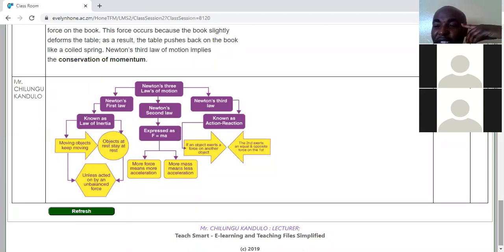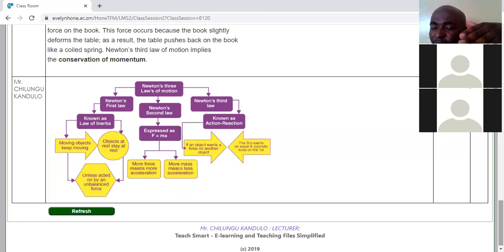Some people have called it the law of acceleration. So for you to get an acceleration, your forces are not balanced. For a body to have an acceleration, the forces acting on that body are not balanced.